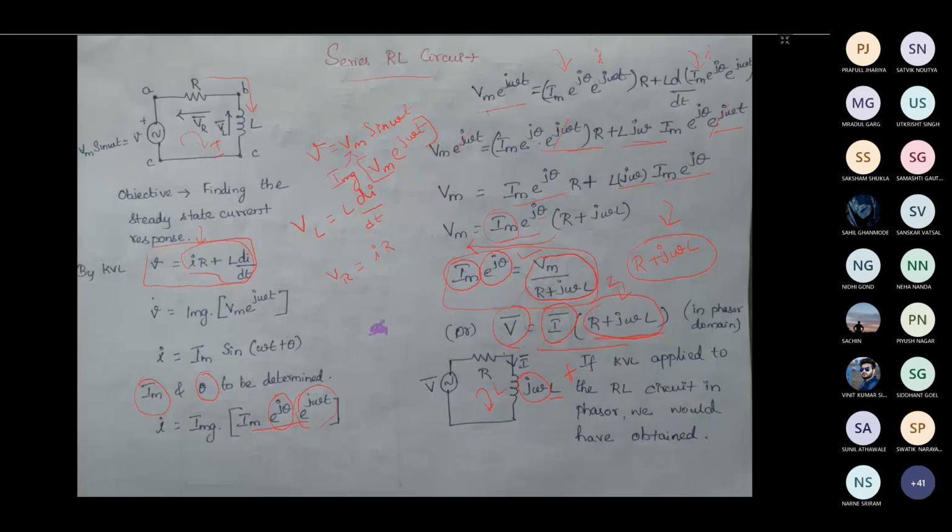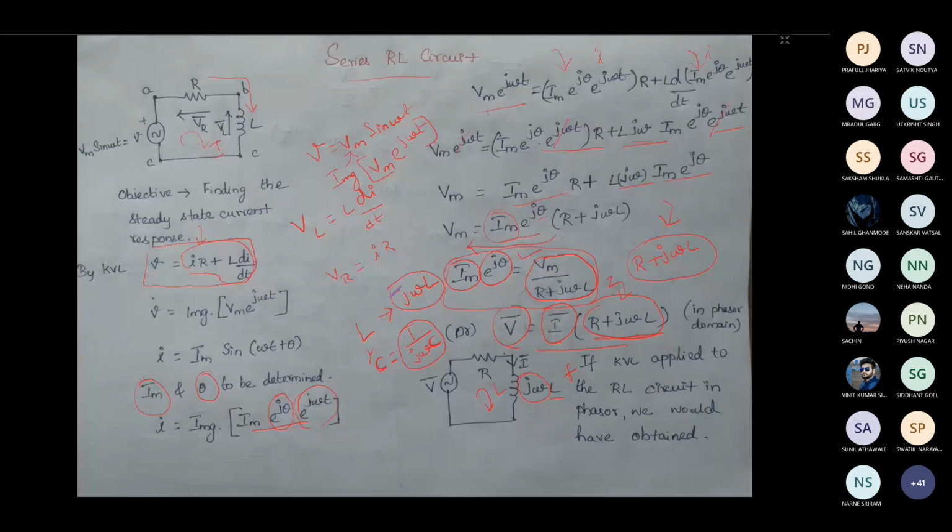As of now, if it is an inductor in time domain, you can write it as j omega L in the frequency domain, and if you are having capacitance C, you can write it as 1 by j omega C in the frequency domain. So this is for the capacitance and this is for the inductance.